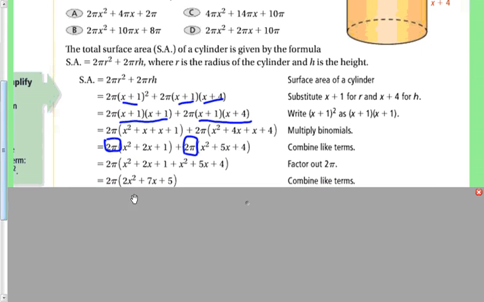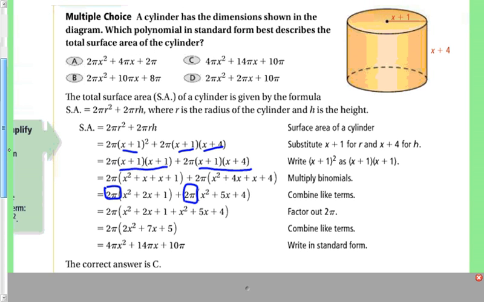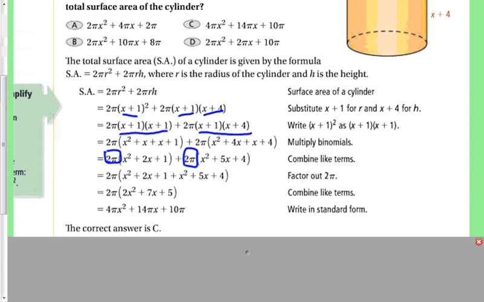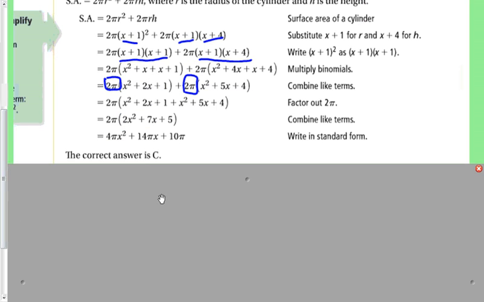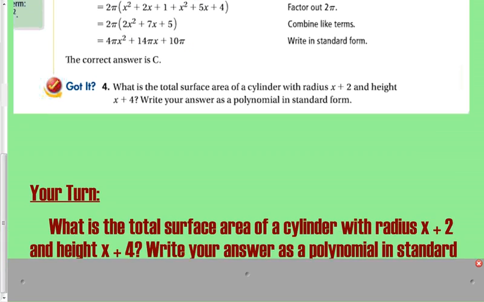We get 2x. This is a very complex problem after you look at it. And then you distribute. So we distribute it to that trinomial. You end up getting 4 pi x squared plus 14 pi x plus 10 pi, which is letter C. So it is an application problem there. Let's just take a look at this one here, see if it's doable.